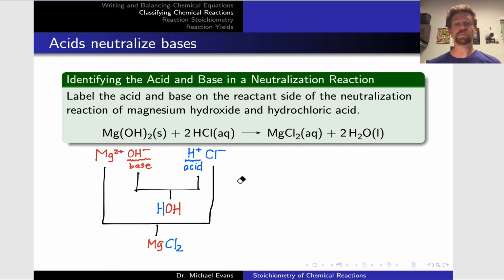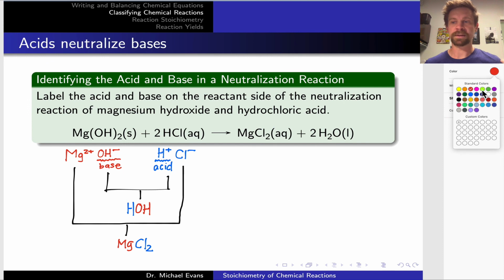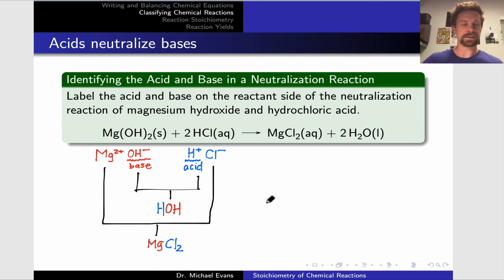If we were to actually write a net ionic equation for this process, though, realizing that the magnesium and chloride ions don't really do anything, they start out aqueous and they end aqueous, the net ionic equation looks like aqueous H plus and aqueous OH minus going to liquid H2O.